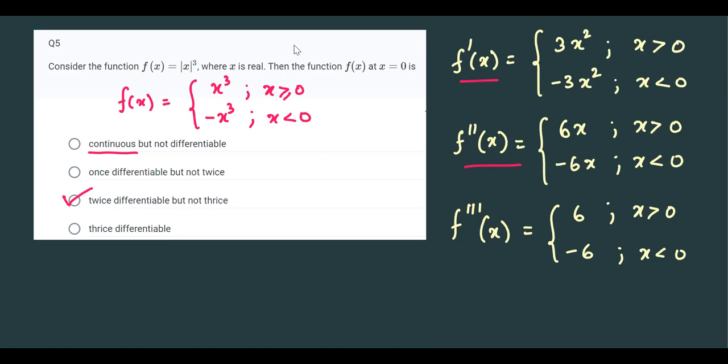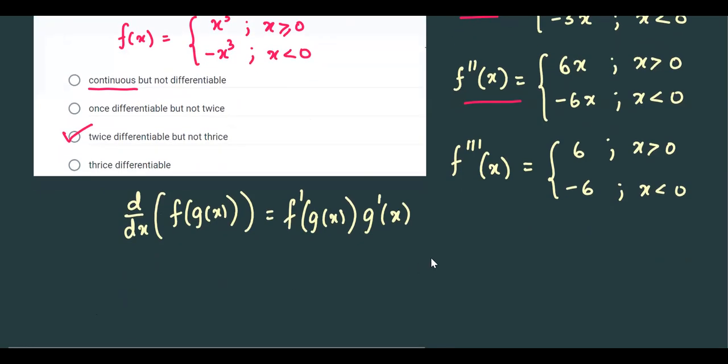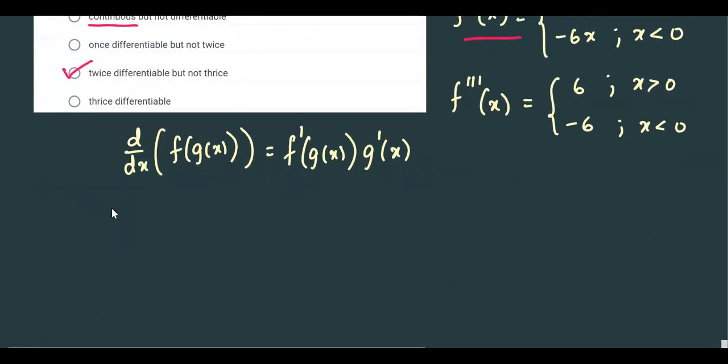One more alternative I will give. If you know derivatives of a composite function, the derivative of f of g of x is f dash of g of x into g dash x. Tomorrow's class we'll discuss this, but if you know this, f of x is modulus of x the whole cube.